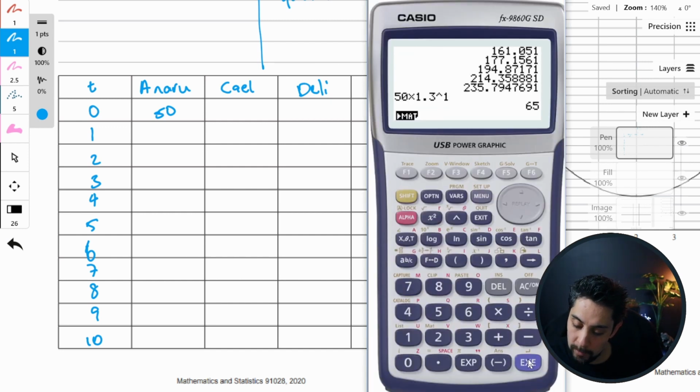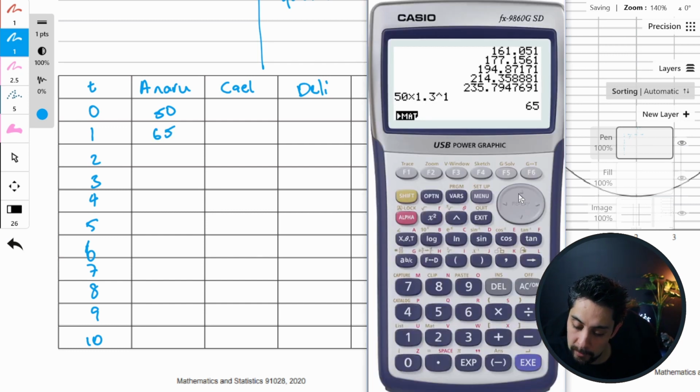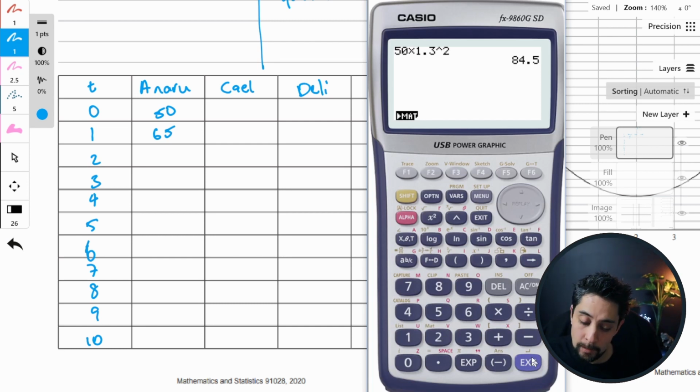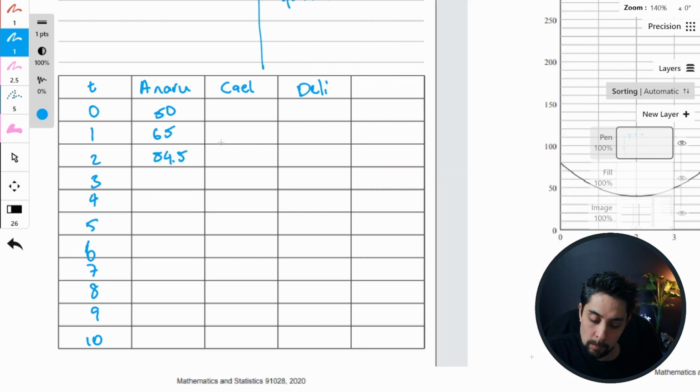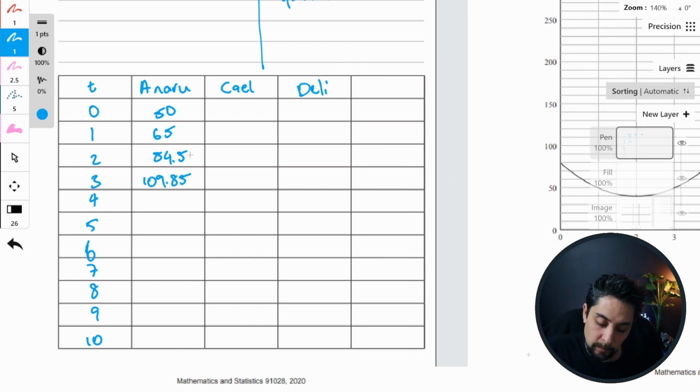Let's do to the power of 1, $65 after year 1. What about to the power of 2? $84.50. To the power of 3, $109.85. Okay, so that is the slow way of doing it.